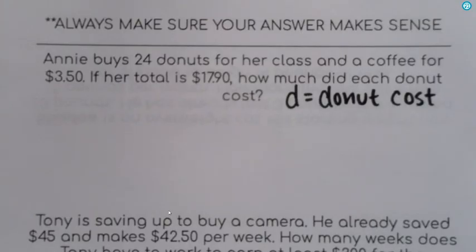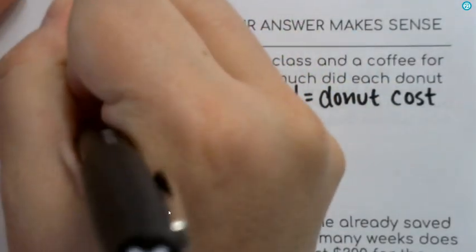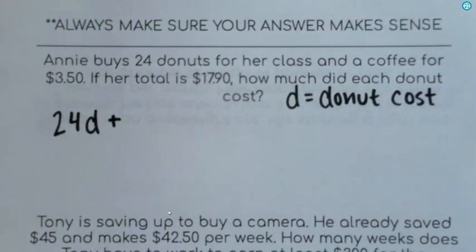Okay. We know that she buys 24 donuts. So the amount she spends on donuts is going to be 24 times however much they cost. So I'm going to put in 24D plus, what else does she spend money on? Coffee, and how much does she spend? $3.50.